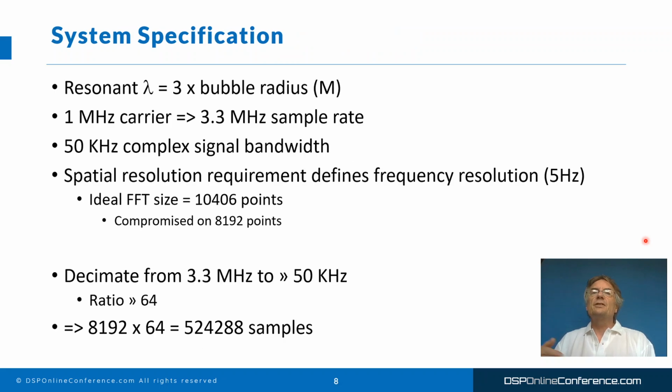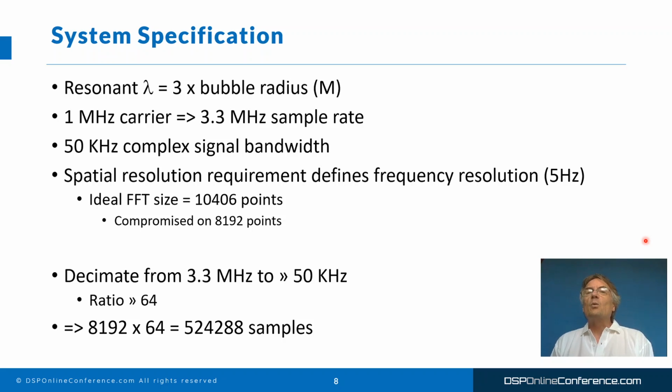It turns out that the bubble will have a resonant wavelength which is approximately equal to 3 times the bubble radius in meters. You could try this in the bath tonight when you get home, or most of you are probably locked down at home, so you can try it in the bath later.